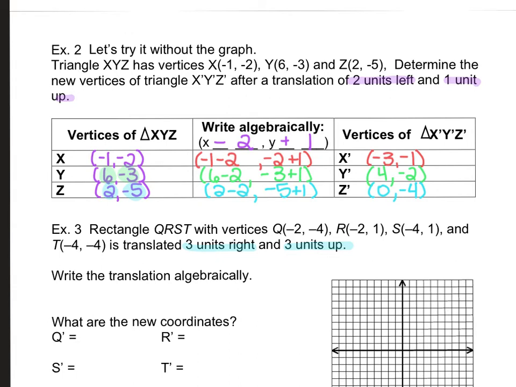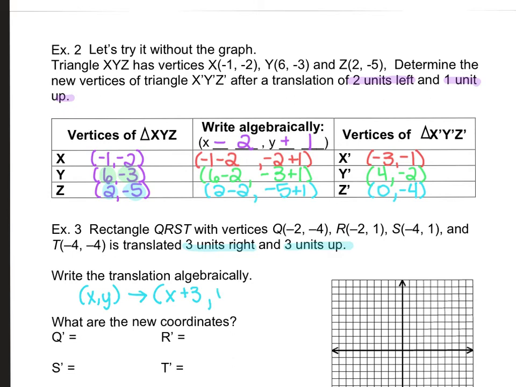The first thing we want to do is write that algebraically. So we always start with our original x, y, and then what would happen to our x if it goes 3 units to the right? Well, right gets more positive, so we would add 3 to each of our x values.